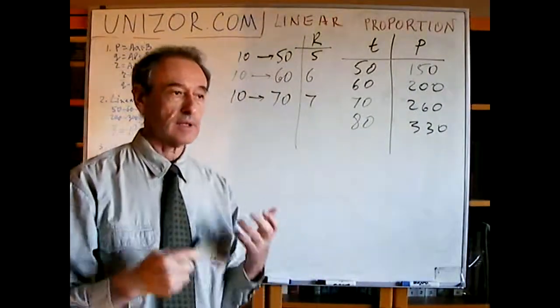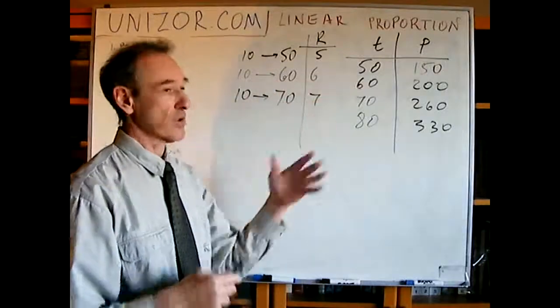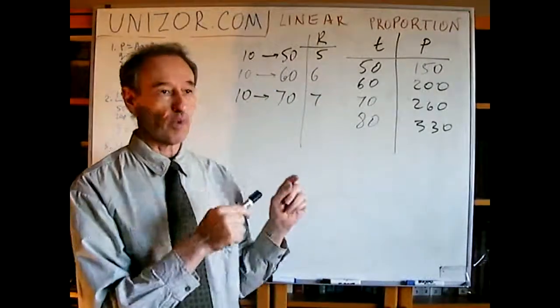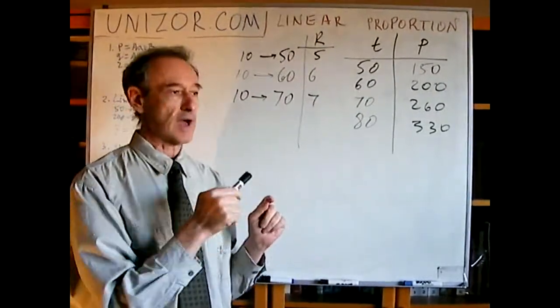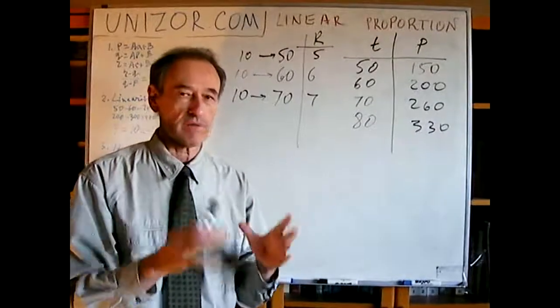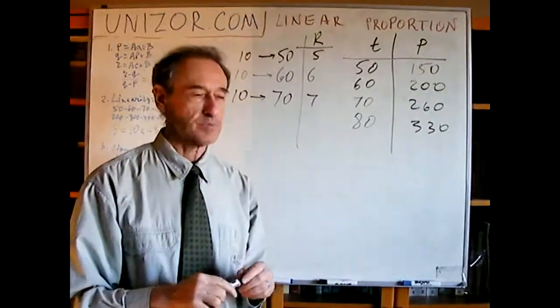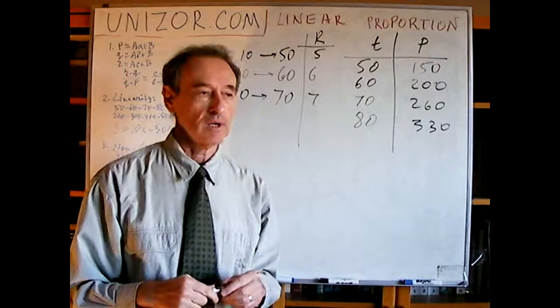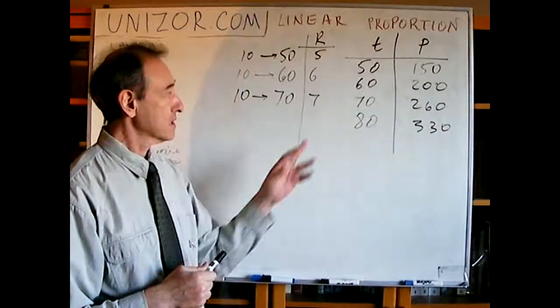Now, considering the numbers are pretty different, it's not like 5.001 and 5.002, which are very, very close and can be explained as some kind of errors. But this is not an error.